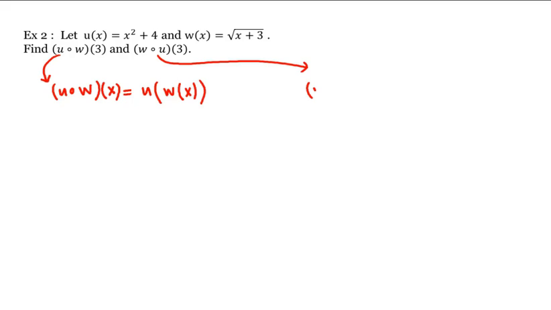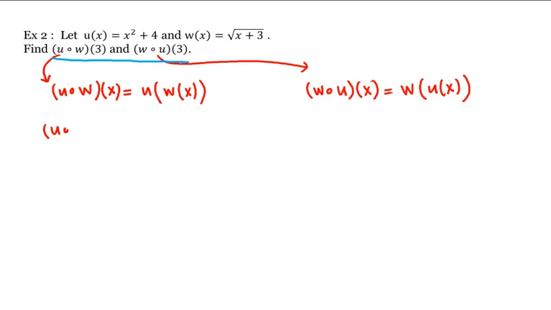And w composed with u of x is defined to be w of u of x. So looking up here at these values we're looking for, we're going to be plugging in 3 wherever we see an x in both of these.